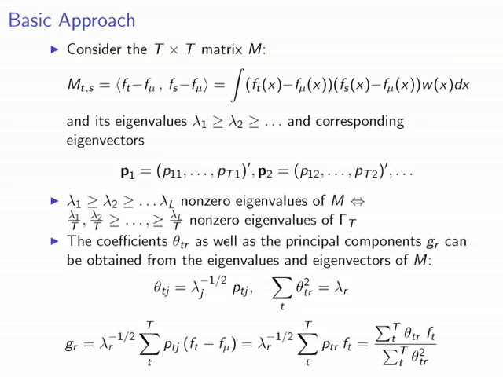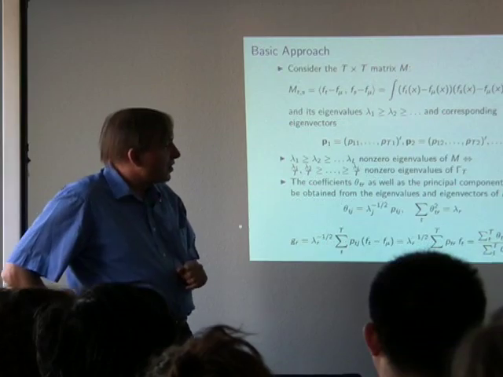You should remember this capital T. And if you consider the corresponding eigenvectors of this matrix, what you get is that the eigenfunctions of the covariance operator are just linear combinations of the FTs weighted with the eigenvectors of the matrix M.